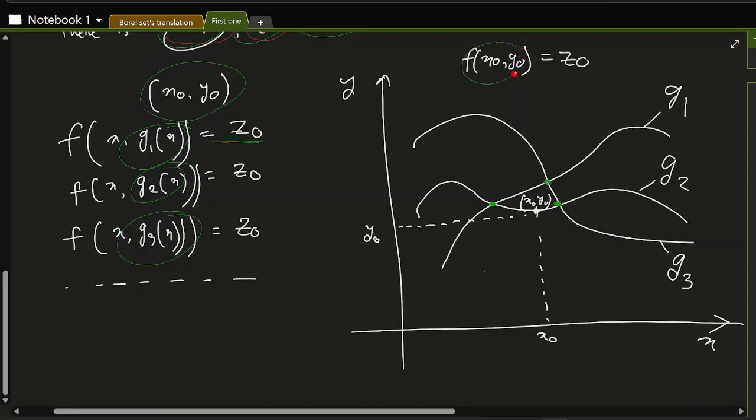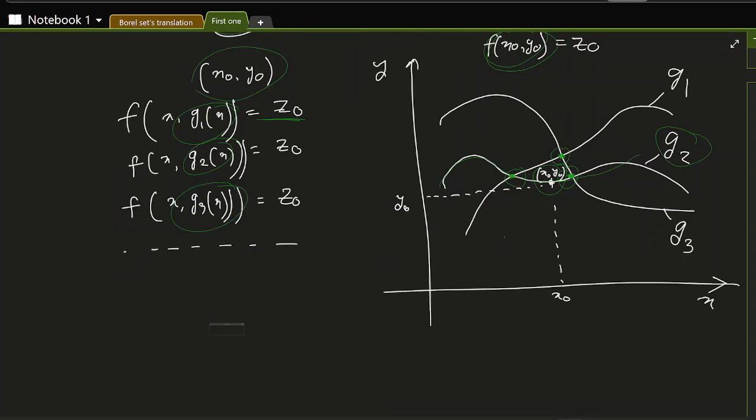If at a particular point the matrix that we defined earlier is invertible, then what this theorem implies is that only one curve will go through this point, which in this case is G2. In other words, this point cannot be situated on the intersection points of our curves.